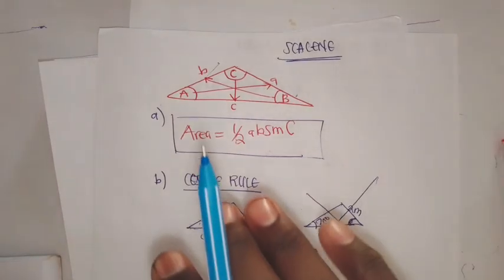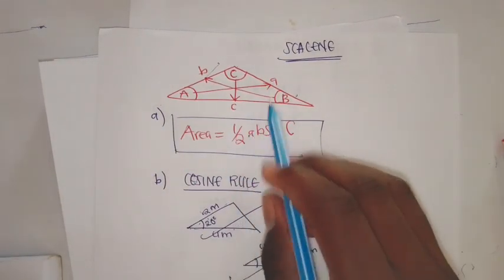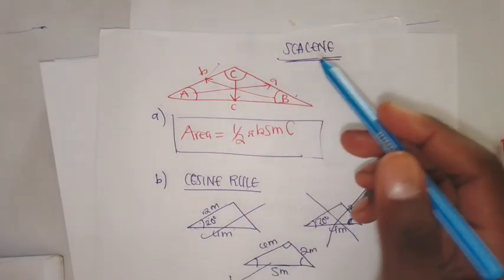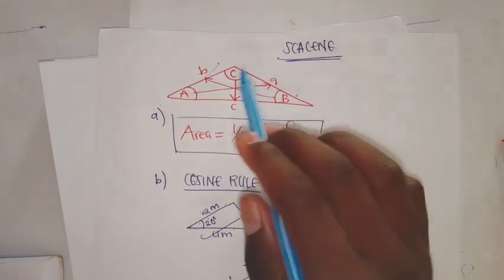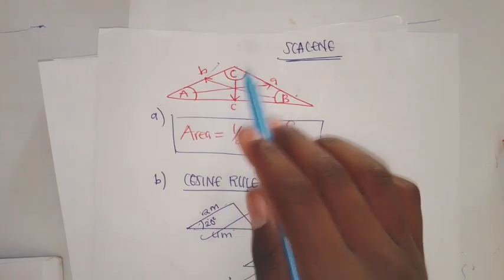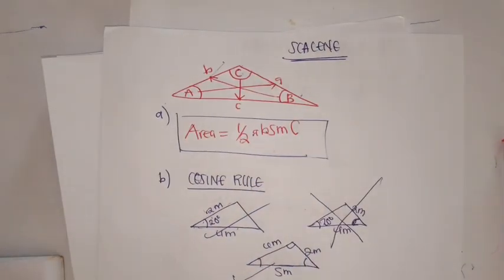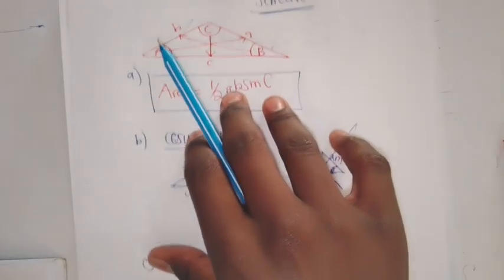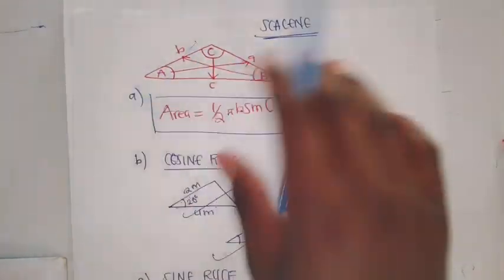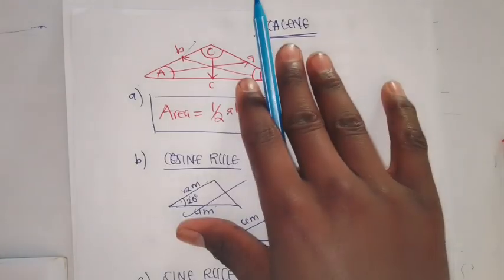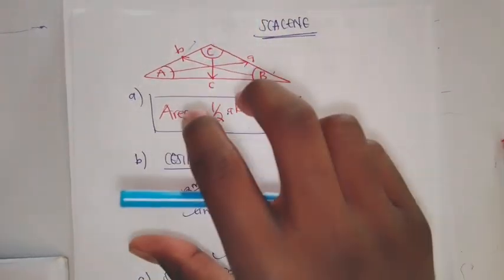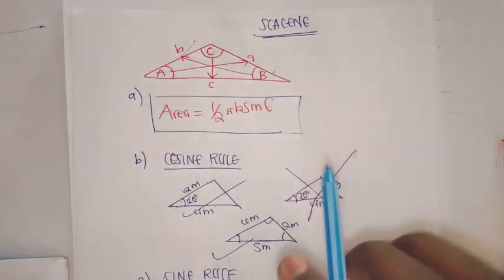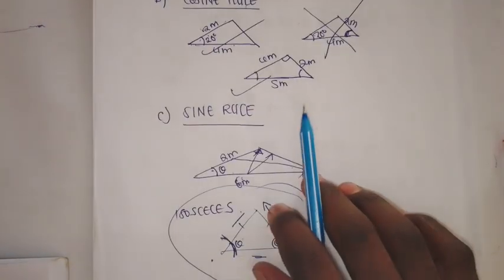Remember this A is this one, the B that one, and sine C. We're talking about this angle. You understand, don't worry. You will understand when we start answering more questions, especially exam questions. Okay, so we've also talked about the sine rule. What's next?